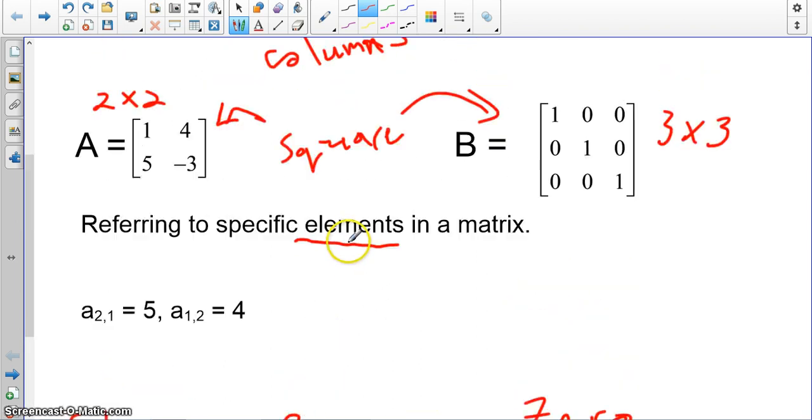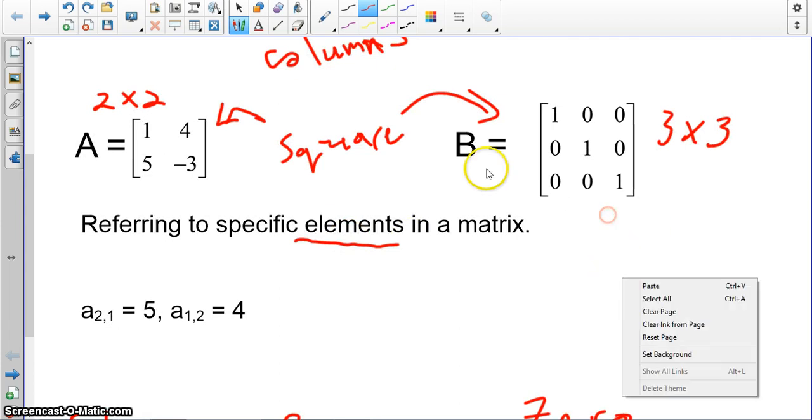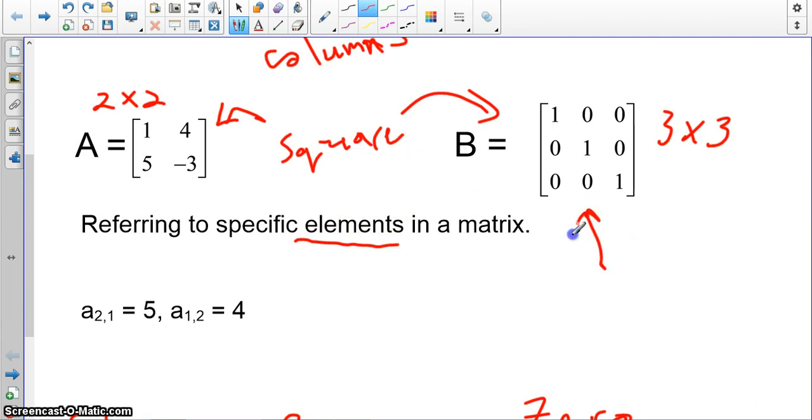And actually, I forgot to talk about it. This is an example, and you don't need to know that quite yet. This right here is an example of an identity matrix. Identity. Specifically, the identity matrix is one where this diagonal, starting at the top left, ending at the bottom right, is all ones, and then everything else is 0.